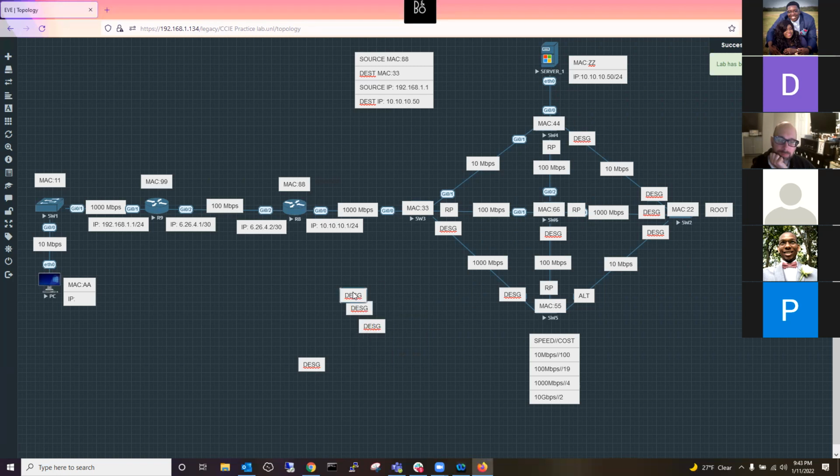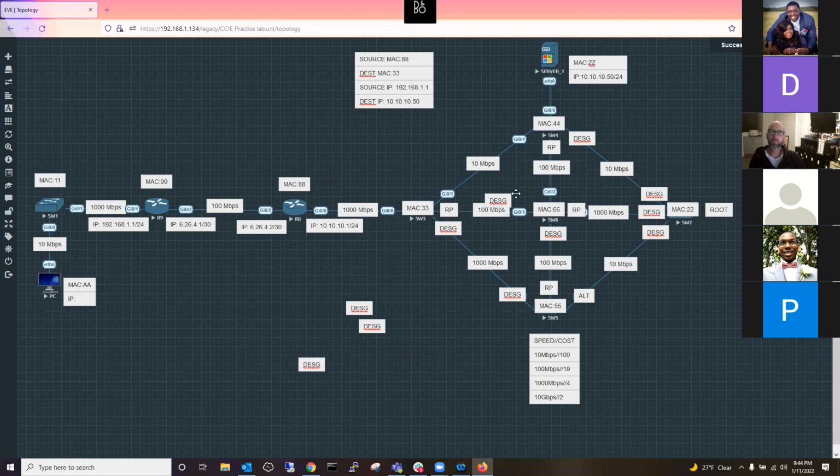Since we identified your switch has the lowest cost to the root, if it compares itself to switch 4, switch 6 is going to become the designated switch for this triangle, okay?